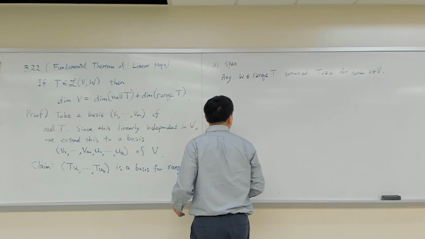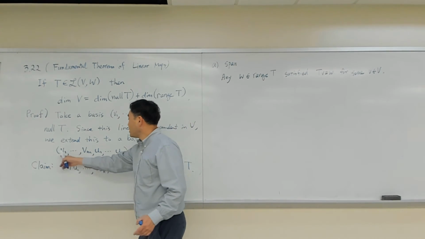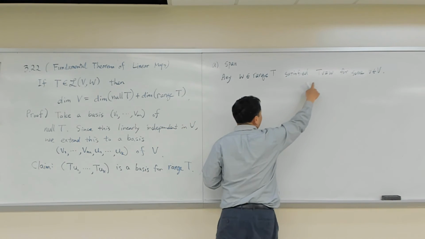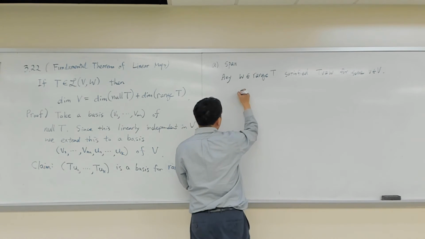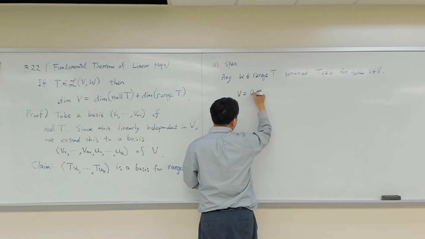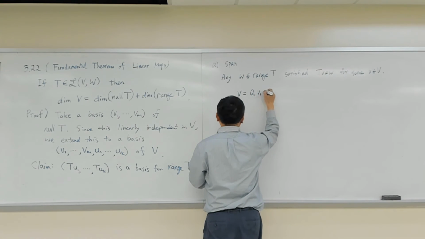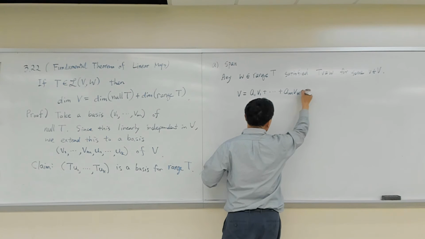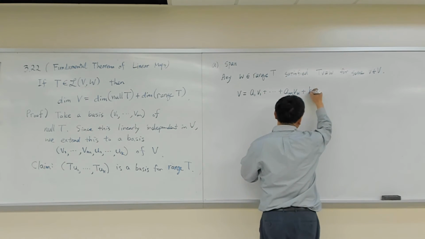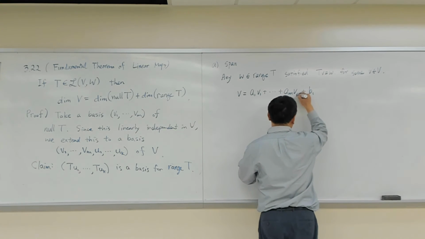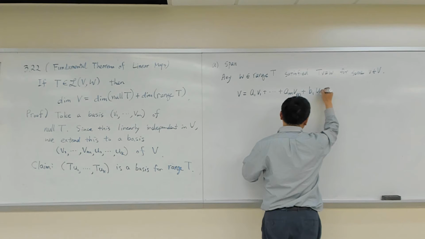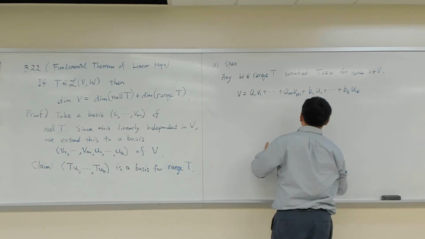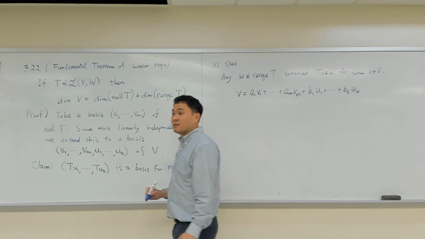But because this is a basis for V, any V that you chose can now be written as A1 V1, all the way through AM VM, plus B1 U1 plus and so on through BK UK. Right?